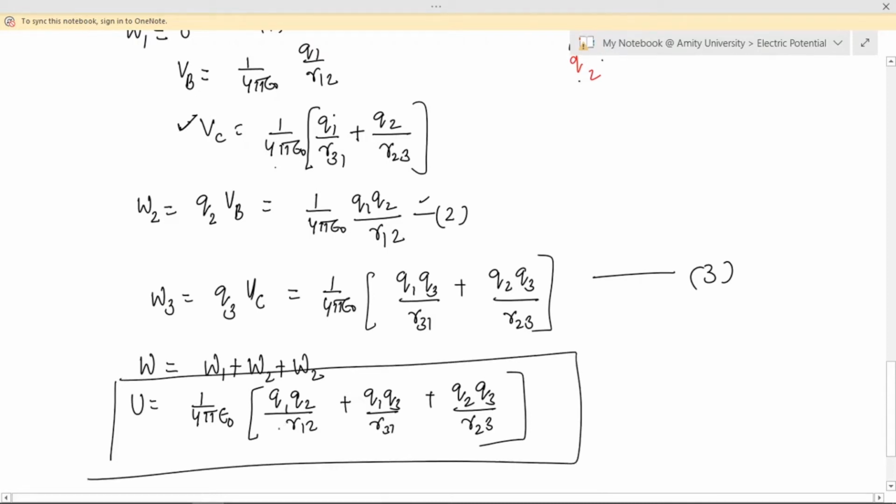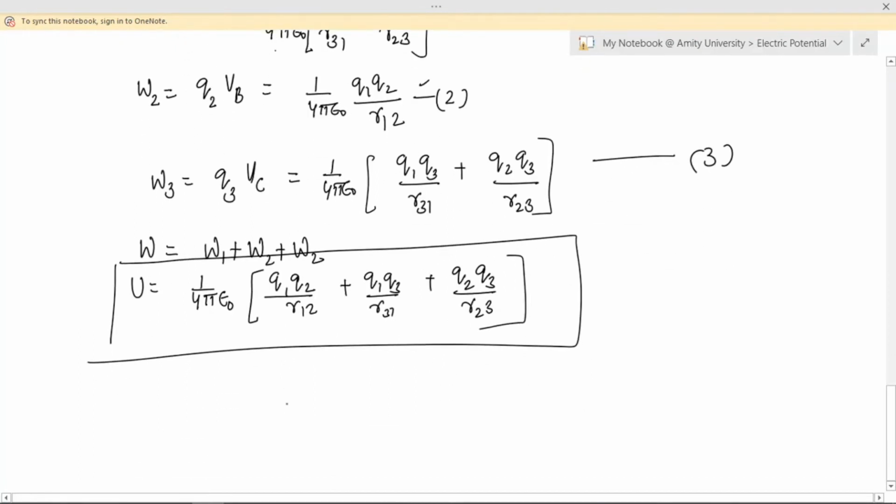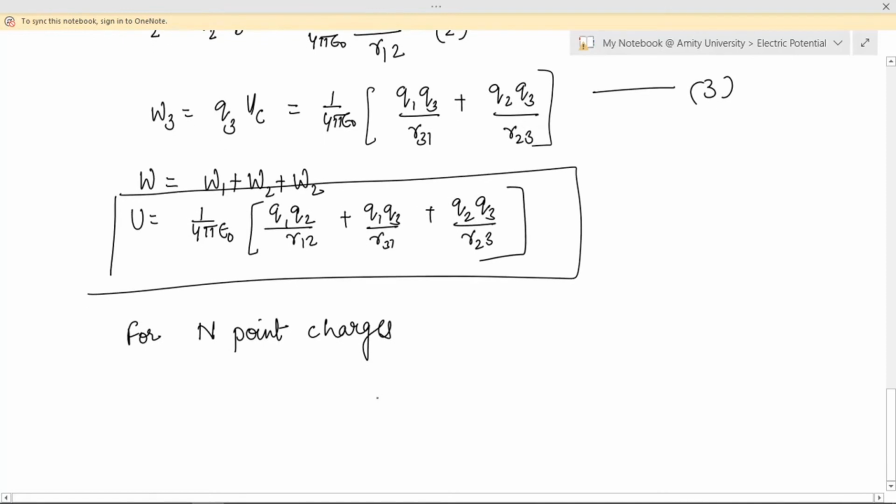So we can generalize this equation for the system of n-point charges. So what do we get for n-point charges? What will be the general equation? For n-point charges, we can write down the equation as U, the total potential energy, generalizing 1 by 4 pi epsilon naught.